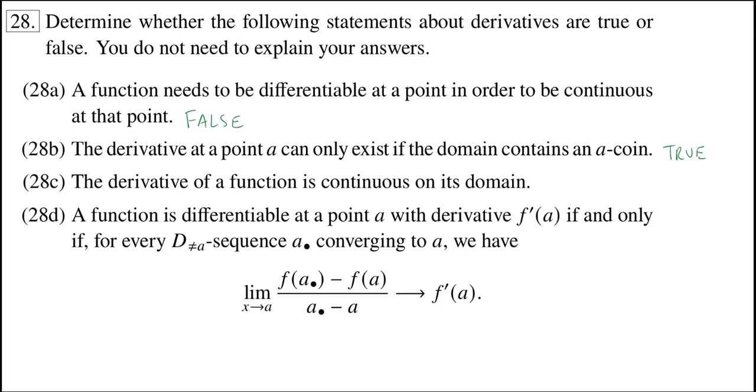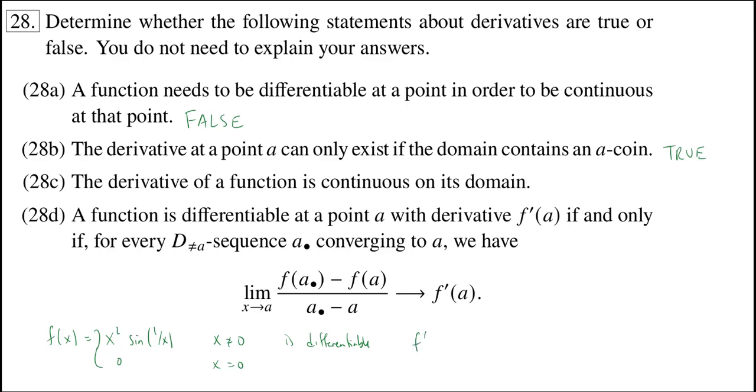A classic example of this, which maybe I'll write down below, is one of our monster functions from class. If I set f of x to be x squared sine of 1 over x, at least when x is not equal to 0, and then make it 0 when x is equal to 0, we showed in class that f is differentiable everywhere, even at 0.